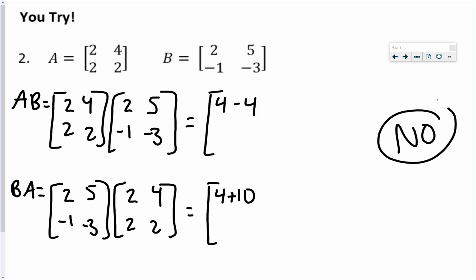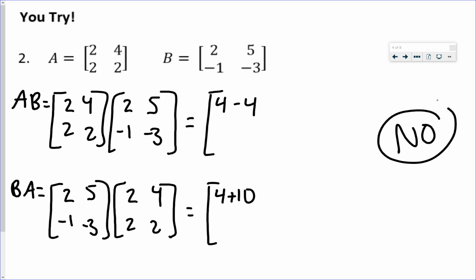So sometimes these are short and easy because you can already tell it's not going to be the identity matrix. Okay? So for these, you could go ahead and stop and say, no, they are not inverses. All right? So don't make it harder than what it's going to be. Questions on how to determine if two matrices are inverses of each other?